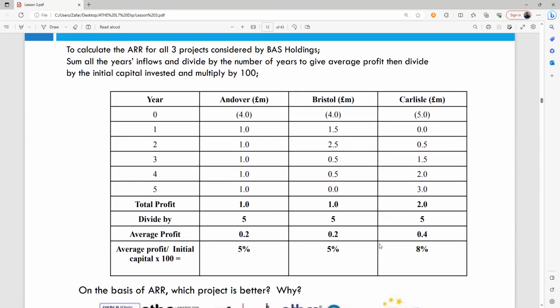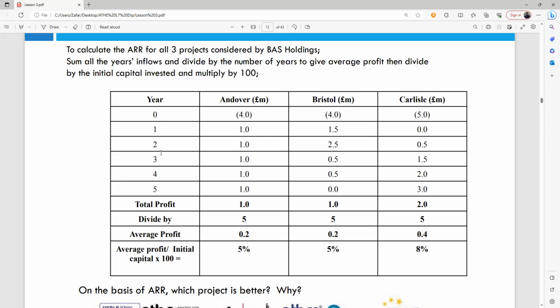These are 3 projects, A, B, and C, which are Andover, Bristol, and Carlisle. In year 0 you are investing £4 million in Andover, £4 million in Bristol, and £5 million in Carlisle. What is the average rate of return over the years?